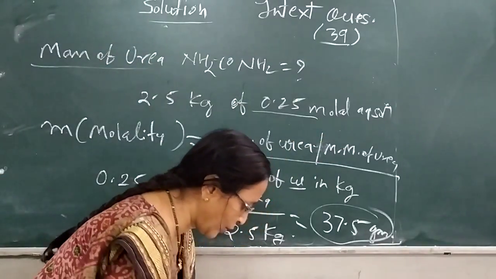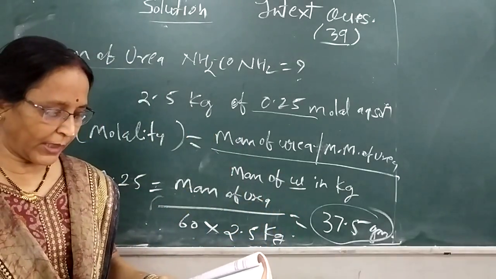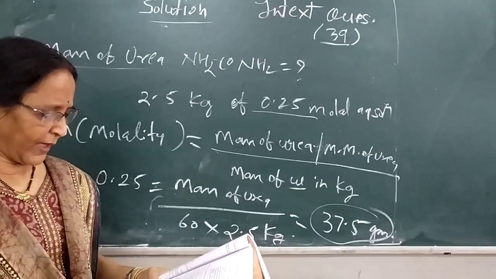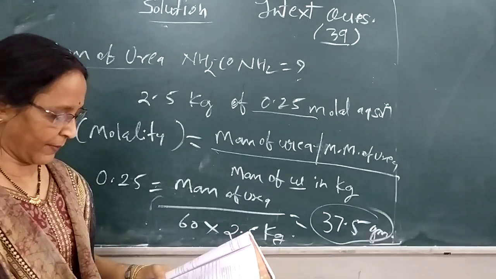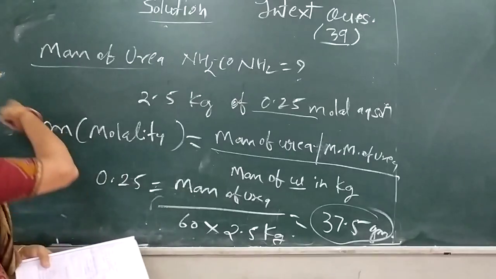Now student, the last one: calculate molarity and mole fraction of KI. This is very easy. If density of the 20% KI solution is given, I will explain this to you. First, question number 2.5.